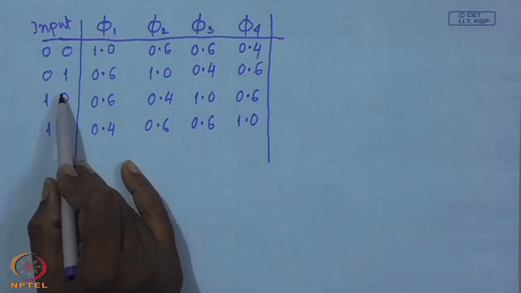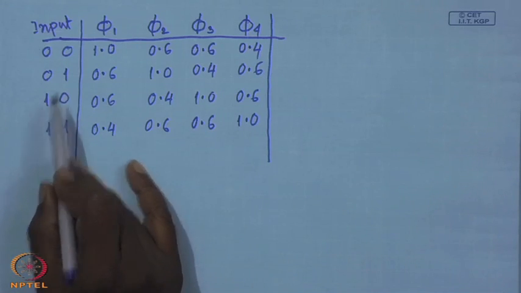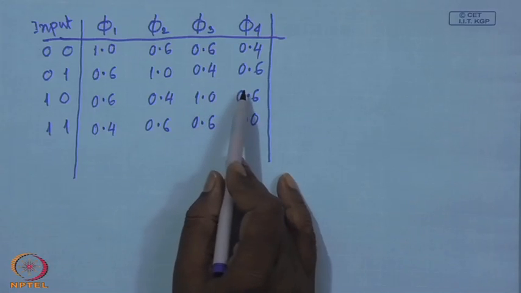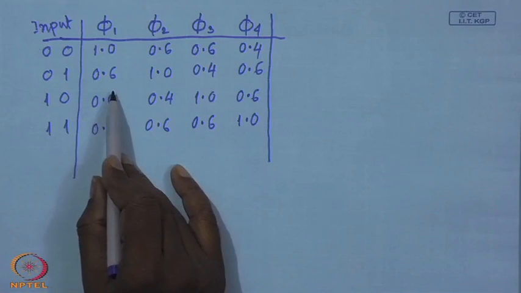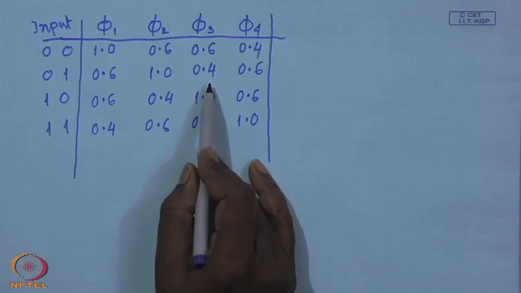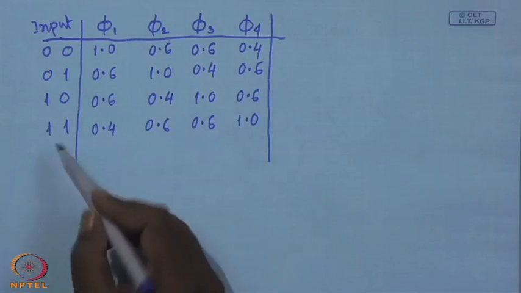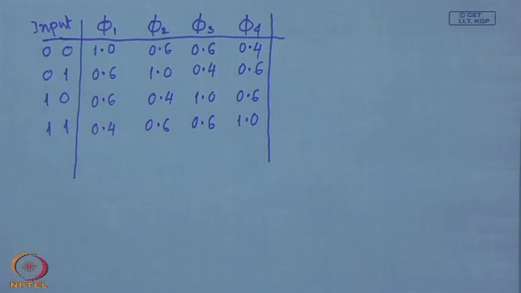Similarly, 0 1, a 2-dimensional input feature vector, has been cast into a 4-dimensional feature vector, the components being 0.6, 1.0, 0.4 and 0.6. So, every 2-dimensional input feature vector is converted to a 4-dimensional feature vector by using 4 radial basis functions.